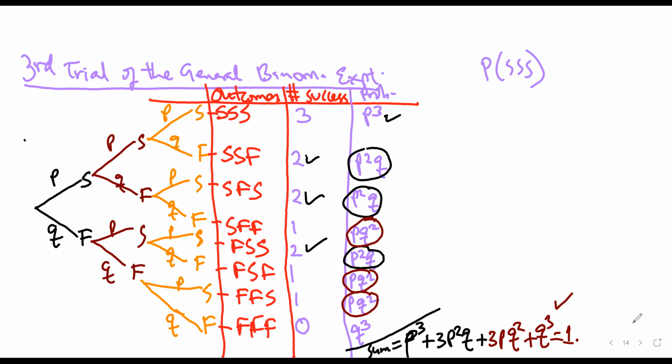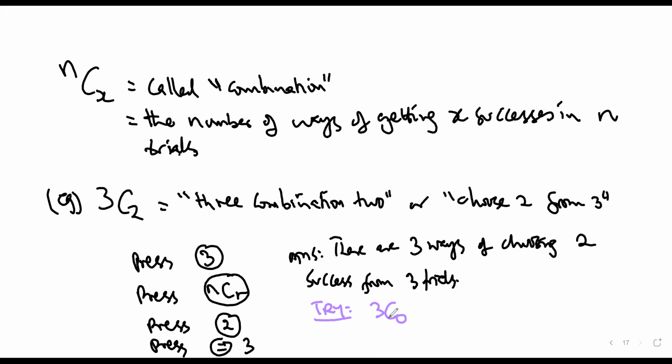Similarly, we can also try 3 combination 0. That is the number of ways of choosing no success in 3 trials. The number of ways of choosing 0 successes in 3 trials.